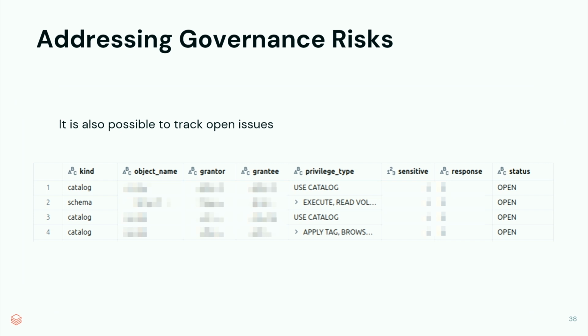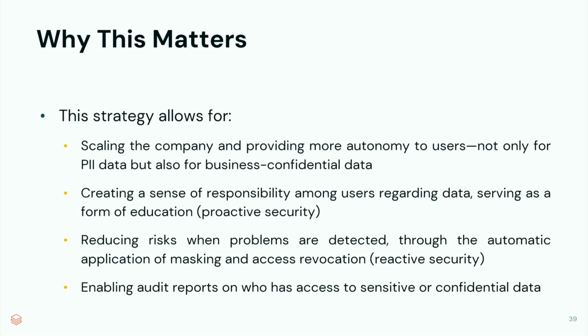With the table privilege, we can identify if a user has access and which kind of privilege the user has on that table. If it doesn't match our defined rules, we can track the status as open security issue, for example.